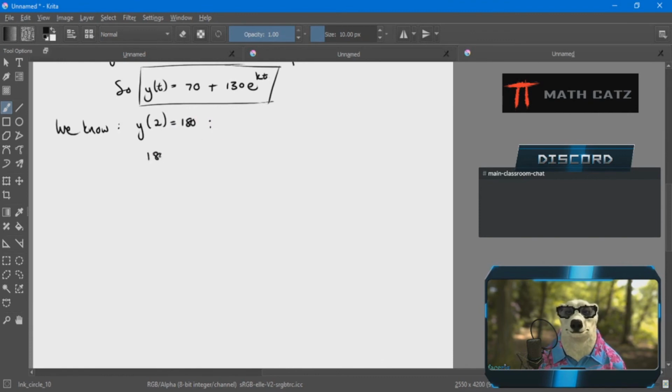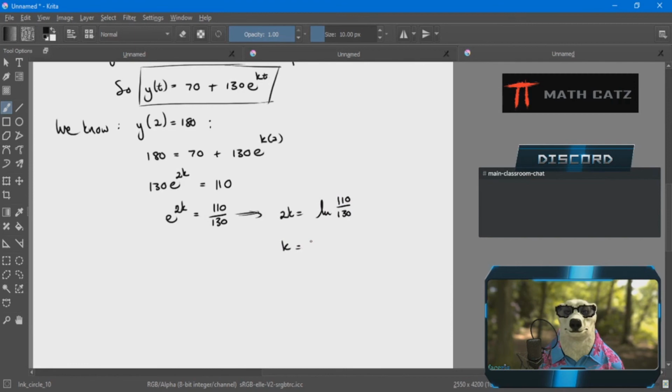So that means plug in 180 for y into the function, e to the k times 2. So 130 e to the 2k is therefore 180 minus 70, which is 110. So e to the 2k is 110 over 130. And so 2k is the natural log of that.